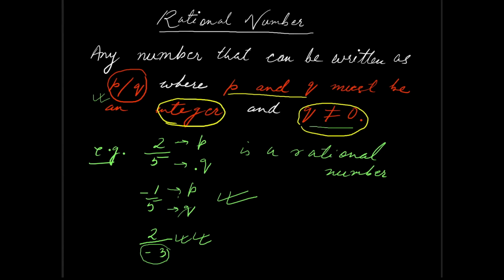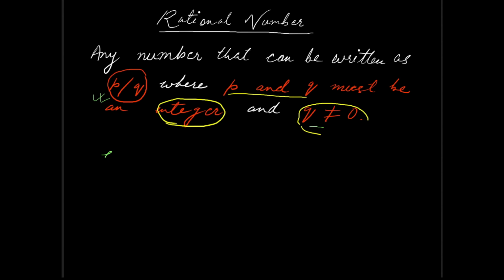Okay, cool. Let's take some more examples. What about 11? Is 11 a rational number? If 11 satisfies all these three conditions, then 11 will also be a rational number. Again, let's check whether 11 is in the form of p by q or not.